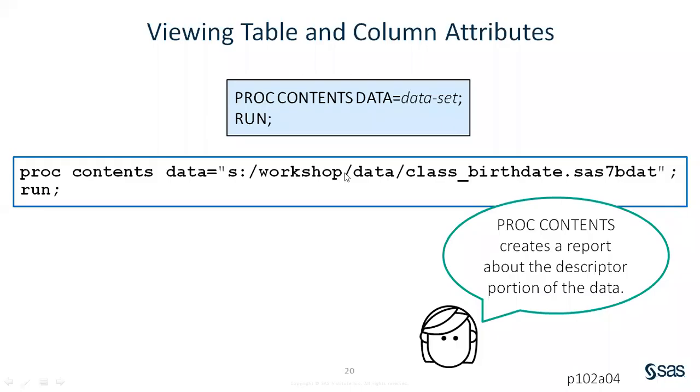So if one needs to understand the descriptor portion programmatically, we can write a procedure called proc contents. The syntax is data equal to, you give the data set name, semicolon, which ends the statement, whereas run ends your step.